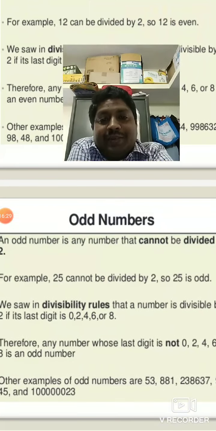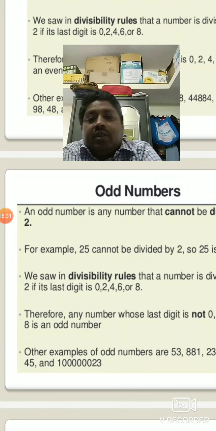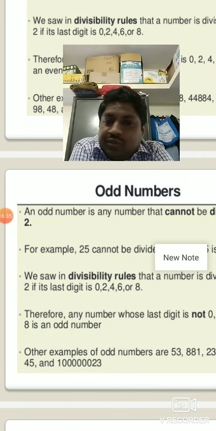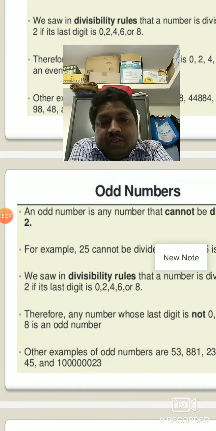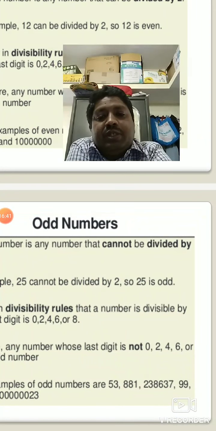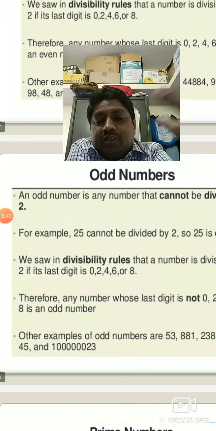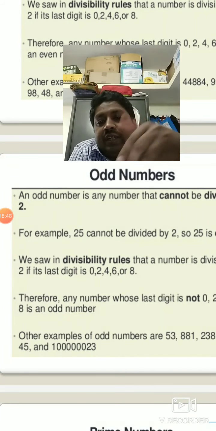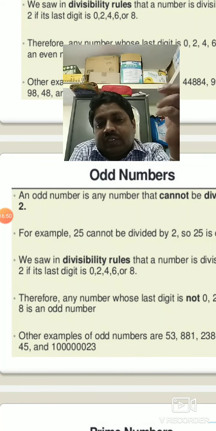Okay, odd numbers. We'll go to odd numbers now. You know that odd numbers are the numbers which are not even. An odd number is a number that cannot be divided by 2. Example, 25. 25 cannot be divided by 2, because in the units place there is no 2, 4, 6, 0 like that.